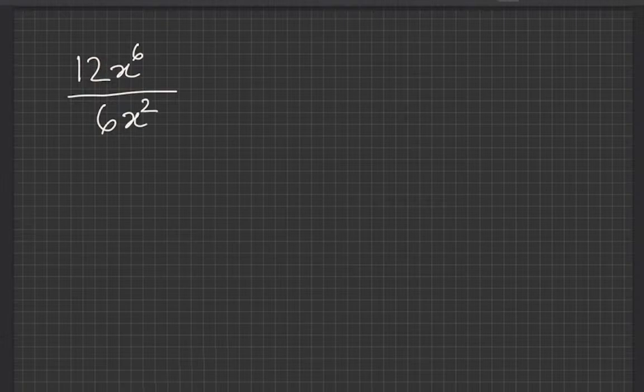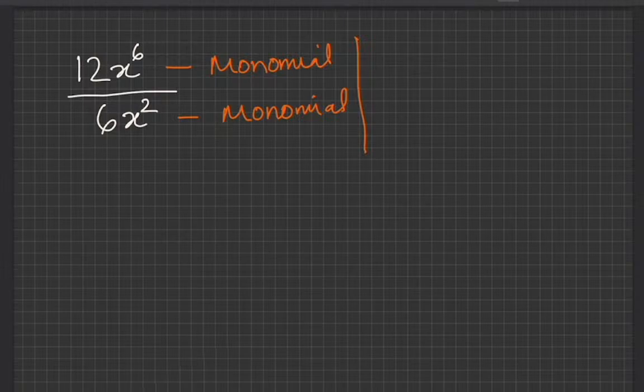So we are dividing a monomial by a monomial, and we have two numeric coefficients here: 12 and 6.